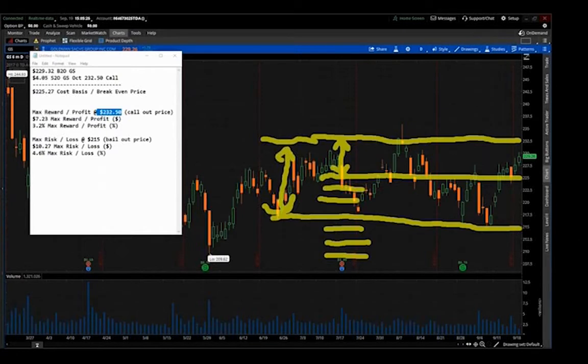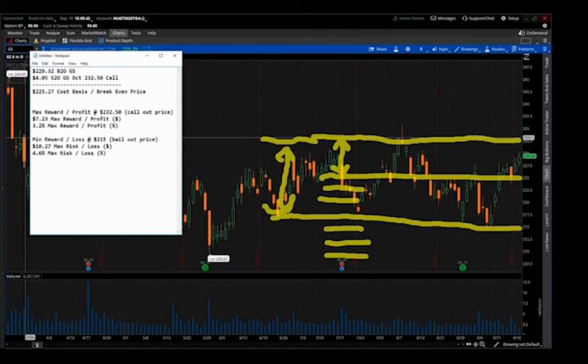And then, of course, I'm not dealing with whether it's a max reward or max risk. It then becomes a max reward or a min reward. Min reward would be down to the downside. Max reward would be up to the upside.